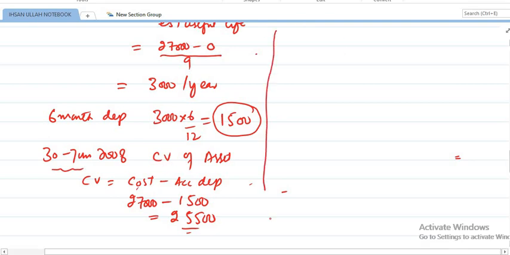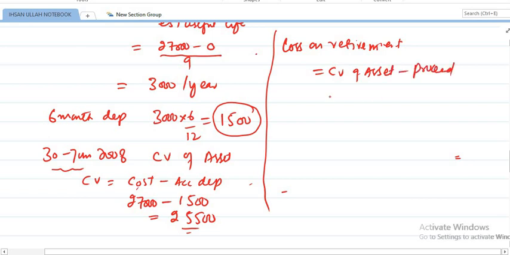Okay, and when the asset was discarded, the proceeds we get nothing, we get nil. So how to calculate the loss on retirement of the asset: the carrying value of the asset less proceeds, which is nil in this case.